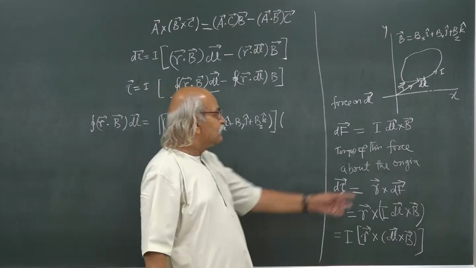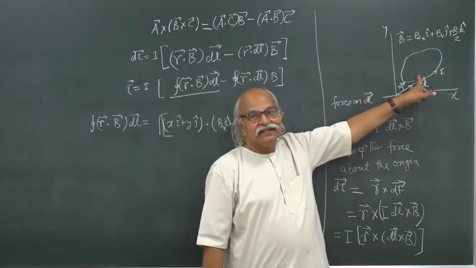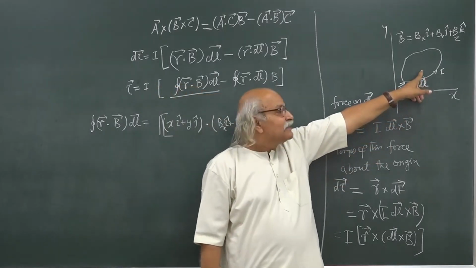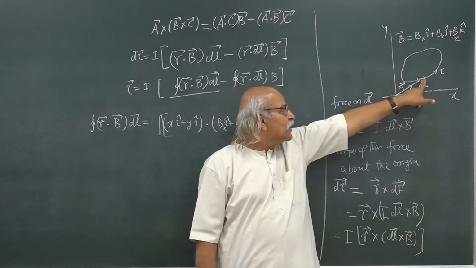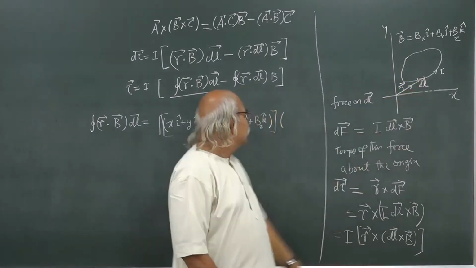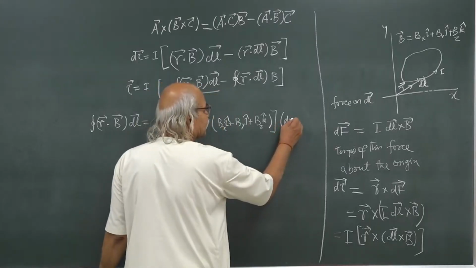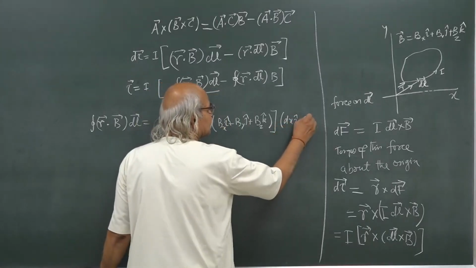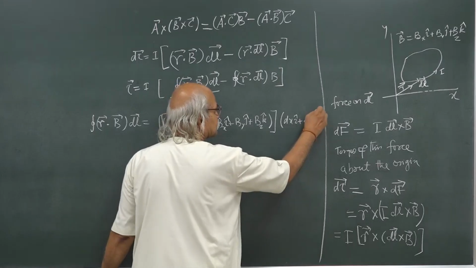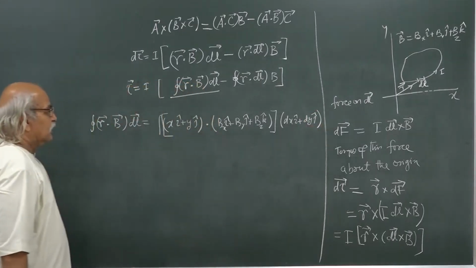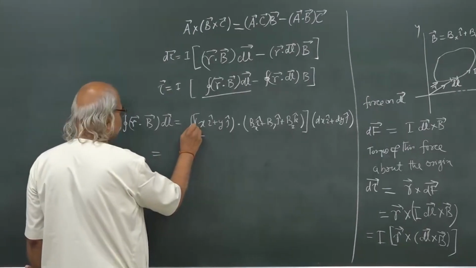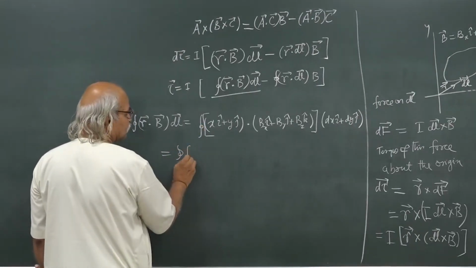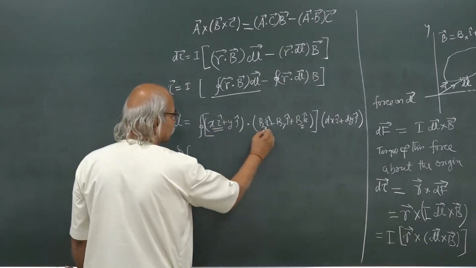What is the dl vector? This is x comma y, then this is x plus dx comma y plus dy. So this vector will be dx i cap plus dy j cap. Can we do something? Integration of dot product.